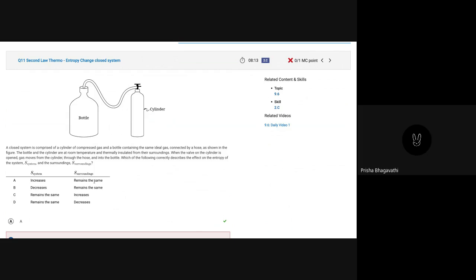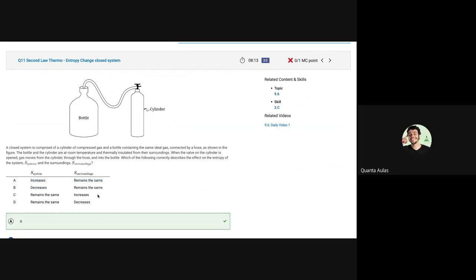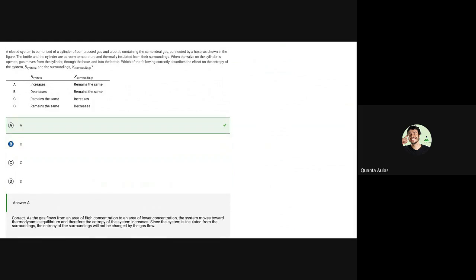Oh, no. A is the right answer, right? Yeah. For example, this is easy if you use a real example.